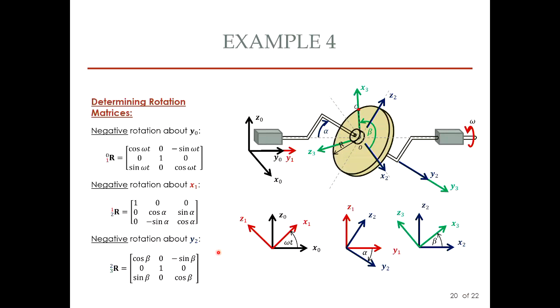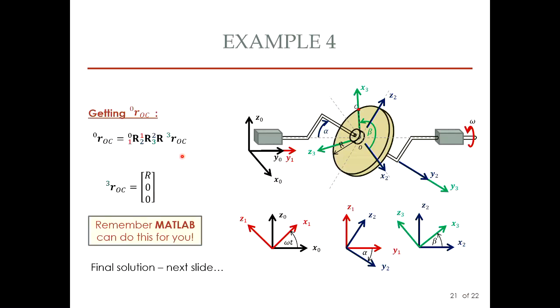So these are the rotation matrices. All of them are negative, as I mentioned. And finally, the calculation is here. ROC is R00 in frame 3, and then I cascade it to frame 0 by pre-multiplying with these rotation matrices.